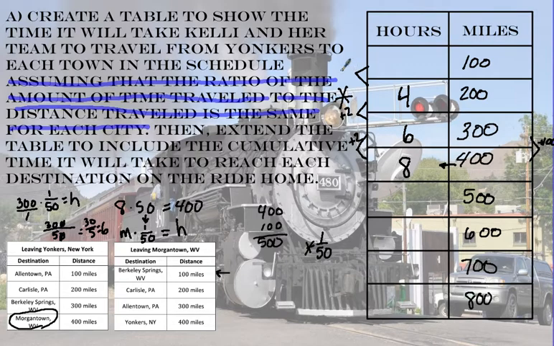And then I can do the same thing here. I know I'm writing down plus 2, but I'm showing you the additive structure. Since we're going backwards, we do the opposite of addition, which is subtraction. 4 minus 2 is 2. Okay, and then now we can go ahead and fill out the rest of the table because we know that for every 100 miles we add 2 hours.